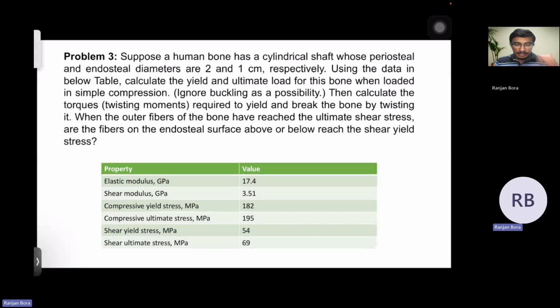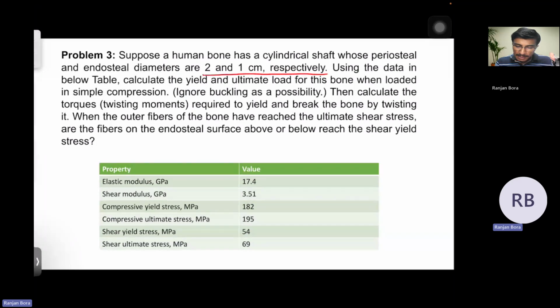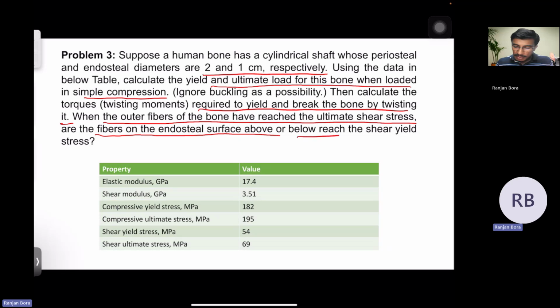The problem says: suppose a human bone has a cylindrical shaft whose periosteal and endosteal diameters are 2 and 1 centimeter respectively. Using the data in the table below, calculate the yield and ultimate load for this bone when loaded in simple compression. Then calculate the torques required to yield and break the bone by twisting it. When the outer fibers of the bone have reached the ultimate shear stress, are the fibers on the endosteal surface above or below the shear yield stress?